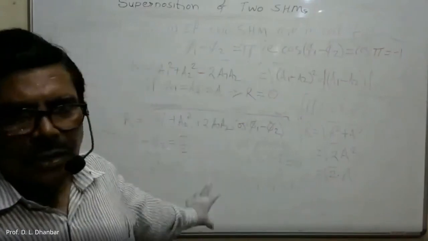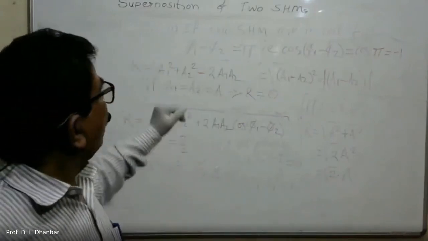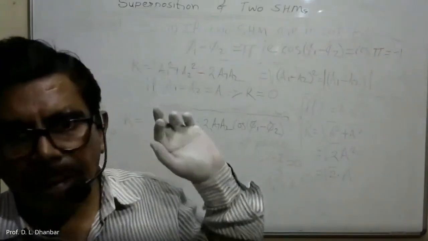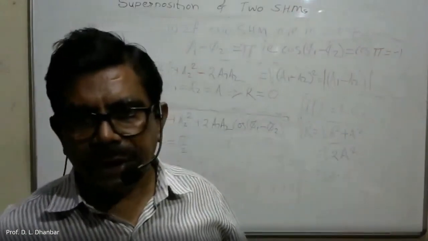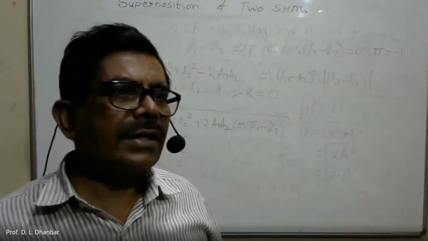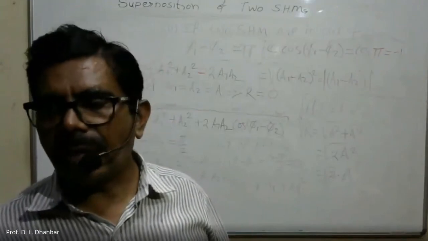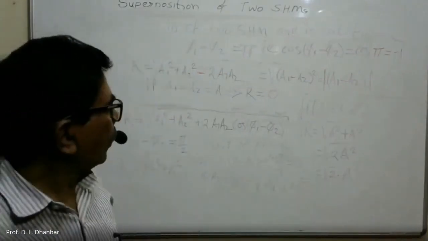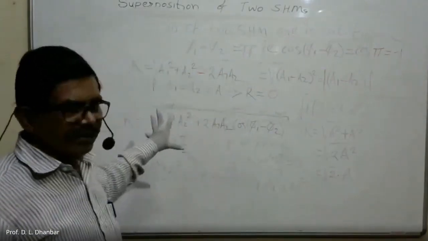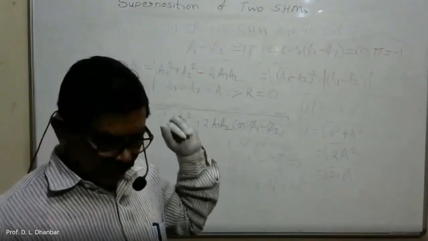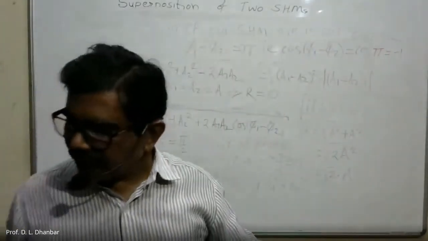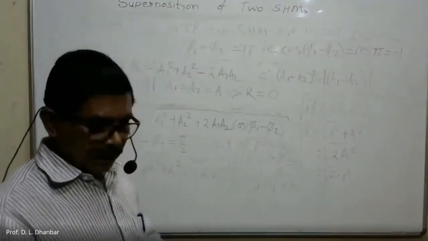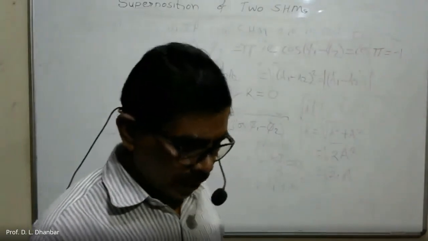We have obtained the particular equations for capital R and delta, and also seen some special cases: when the phase difference is equal to pi by 2, when the phase difference is equal to 180 degree or pi radian, or when there is no phase difference, means when phi 1 minus phi 2 is equal to 0. So in all the cases we have seen the various conditions. Now the next article is energy of a particle which is performing simple harmonic motion.